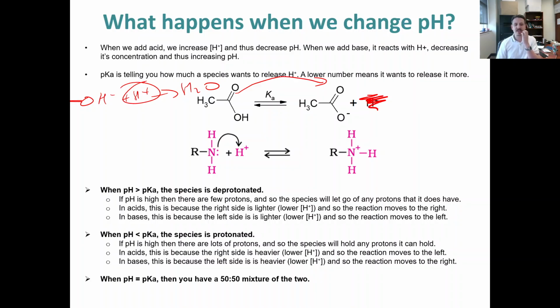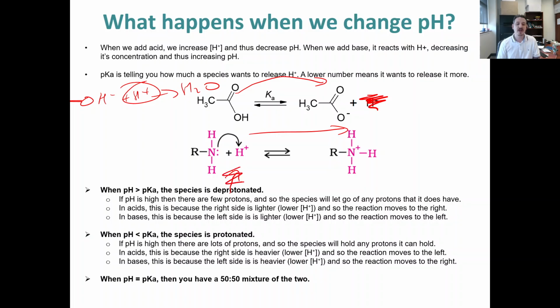It's actually the same when you have a weak base on the other side. If we have a weak base and I add some protons, it's going to make the reactants heavier, and so it's going to move across to the right to make more products to balance out.